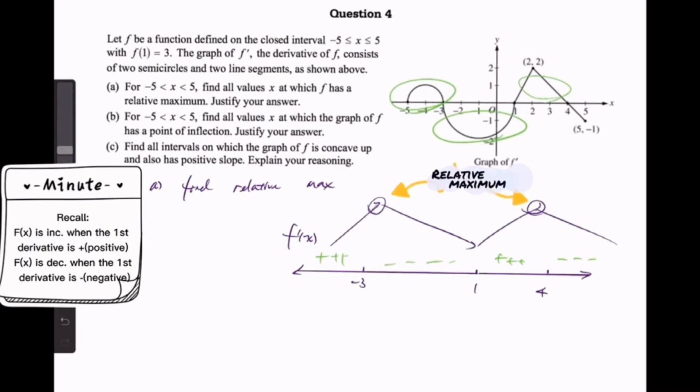By doing so, we can easily see that f of x has a relative maximum at x equals -3 and another at x equals 4. By using this technique, we could easily find the relative maximum and minimum of any function by looking at its graph.